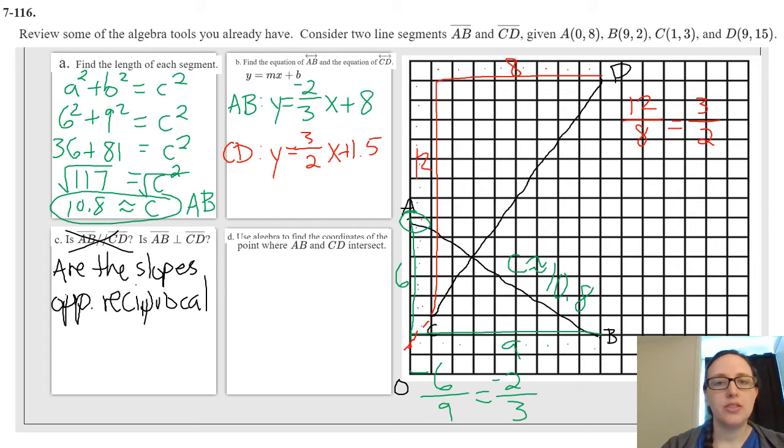Okay, so that gives us our slopes. The first one has a slope of negative 2/3. The second one has a slope of 3 over 2. All right, so that means that they are opposite reciprocal.